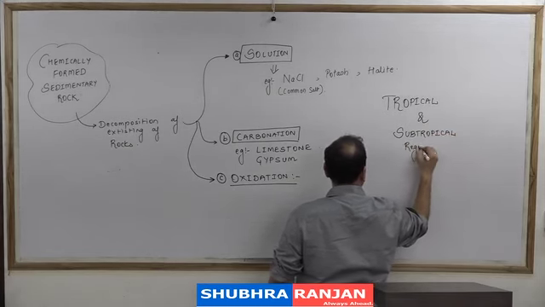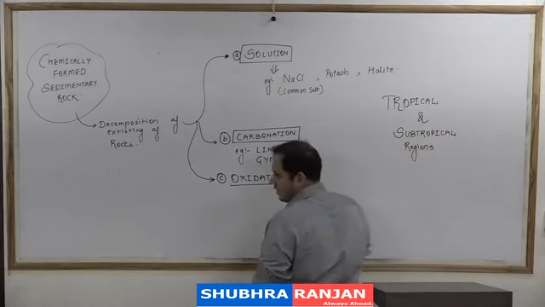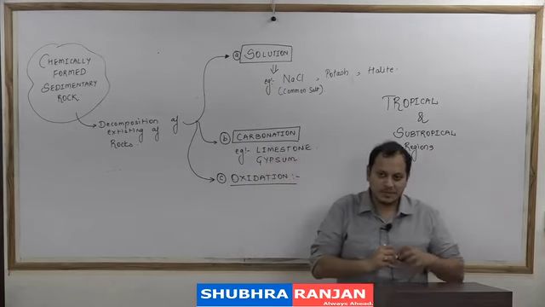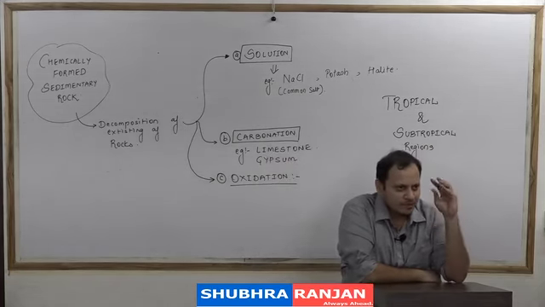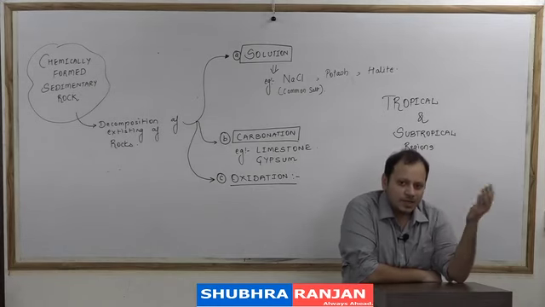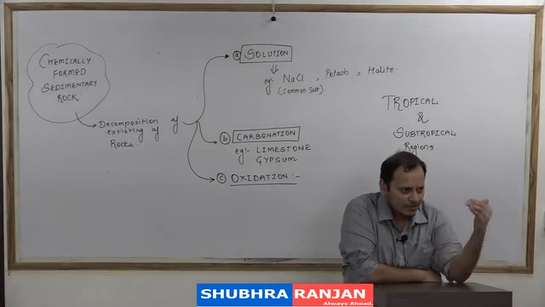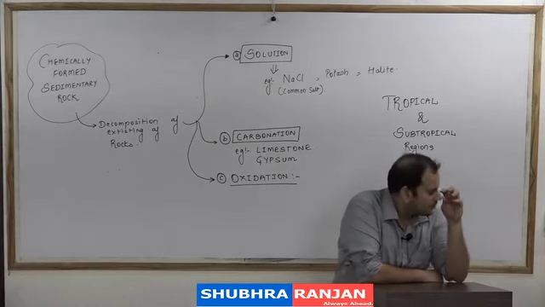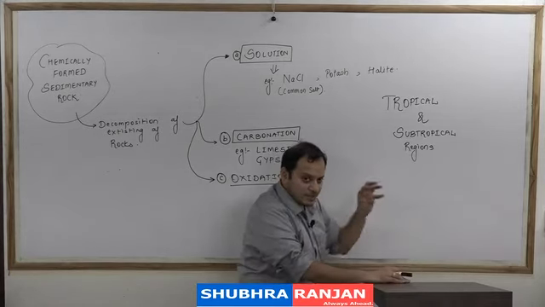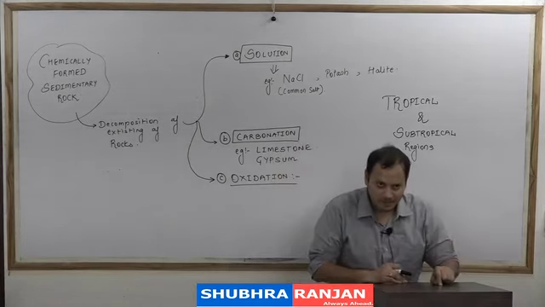You will understand this in climatology, what do you mean by tropical, what do you mean by subtropical. Tropical is equator, 0 to 10 degree north, 0 to 10 degree south. Then 23 and a half to 30 degree north, 23 and a half to 30 degree south latitude is subtropical. So especially in the tropical and the subtropical regions.